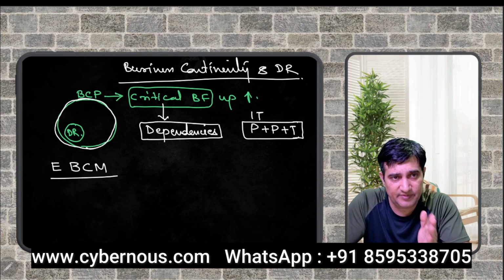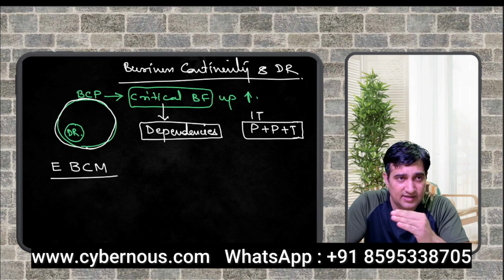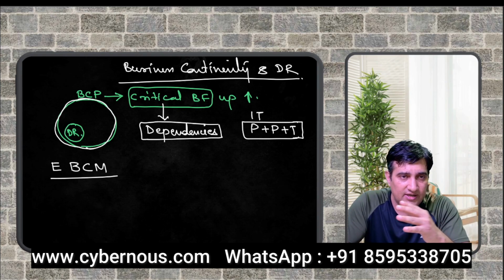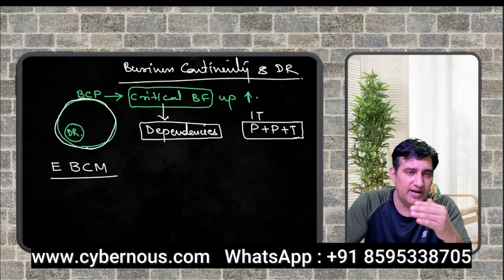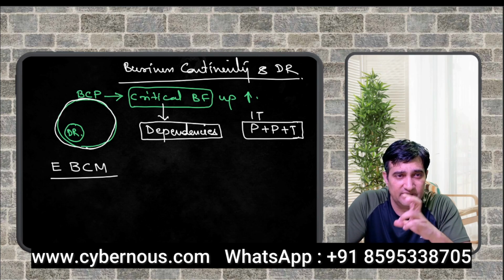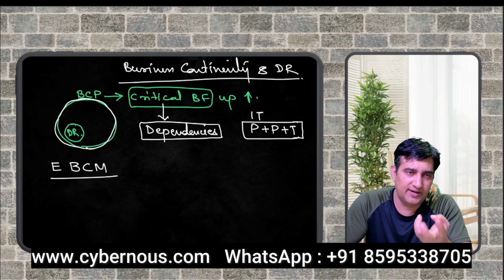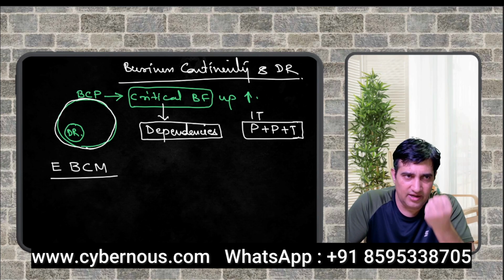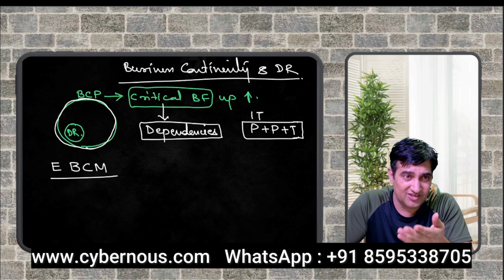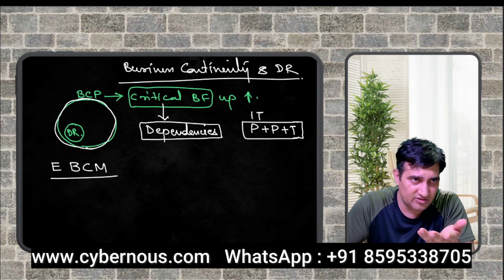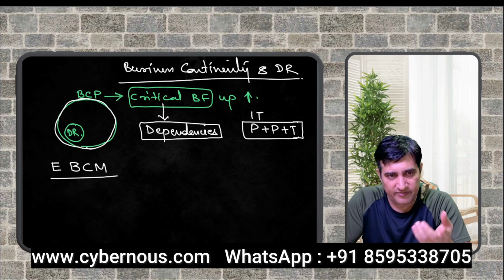The major difference between BCP and DR is that DR is more technical in nature. The focus is on recovery and restoration, whereas BCP is more of a management perspective. The idea is that at least my top revenue-contributing process should be up and running in case of a disaster. That's very important.